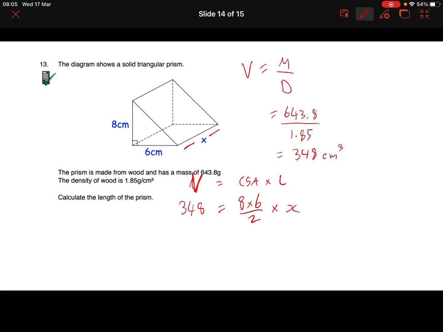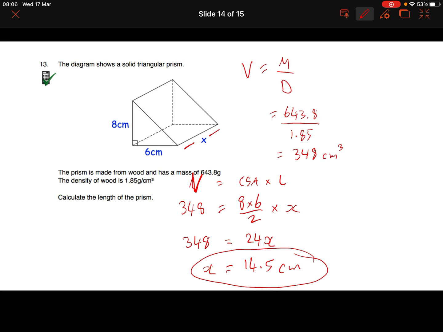I put in what I know. I know the volume is 348, I know the cross-sectional area. What I don't know is the length, and I get an equation, and I simply solve that equation. So 348 equals 24x. Now divide both sides by 24, and the answer is 14.5 centimetres.